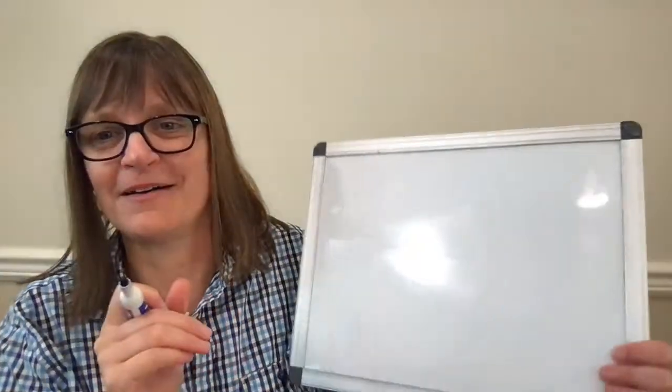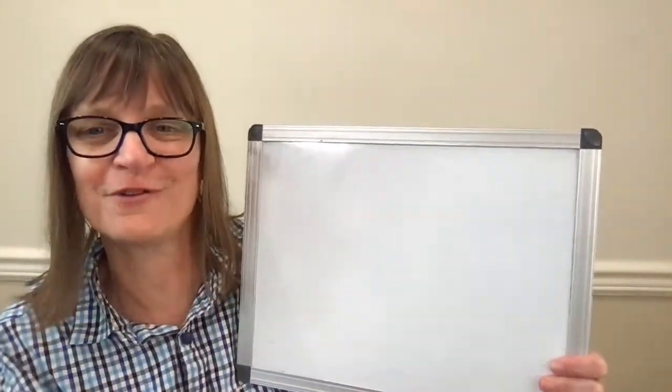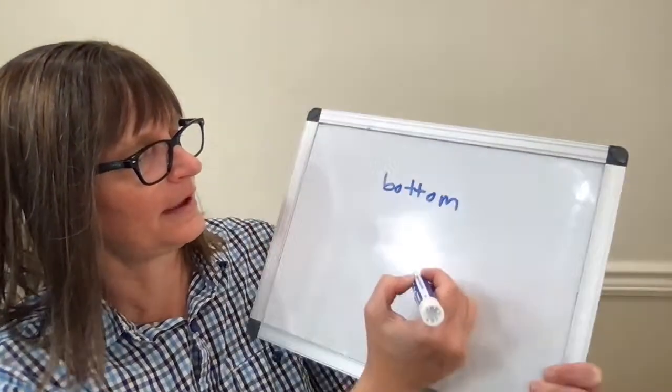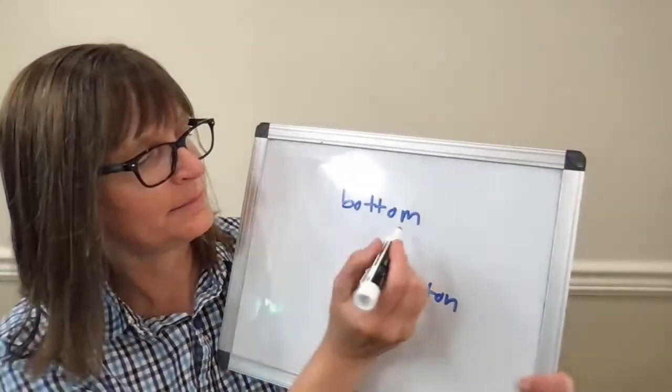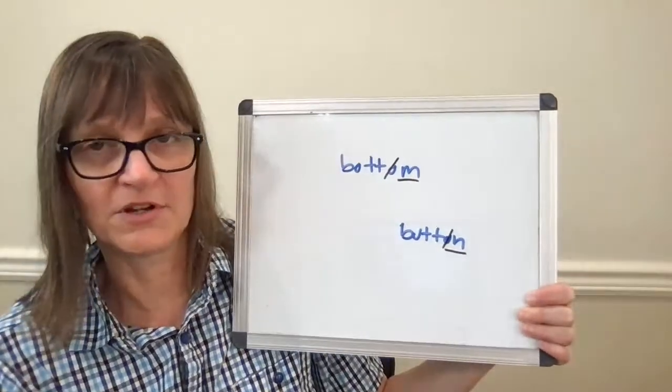Okay. We have a request for bottom and button. I mentioned that in my video about mountain that I'll put in the comments after class. I also talk about bottom and button in that particular video. So this will be helpful for many of you who have requests today. Looking at bottom and button, what we're looking at here is a syllabic M and a syllabic N. What that means is I'm not really making much of a vowel sound there.